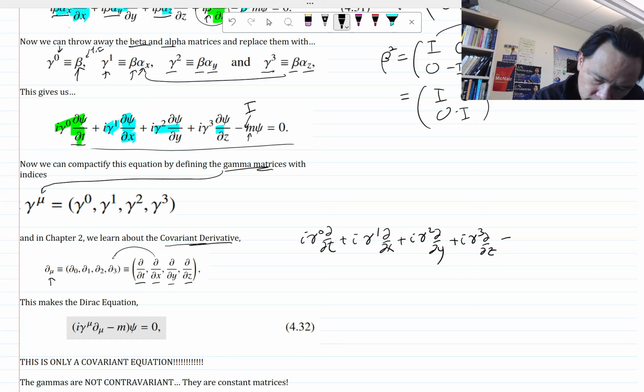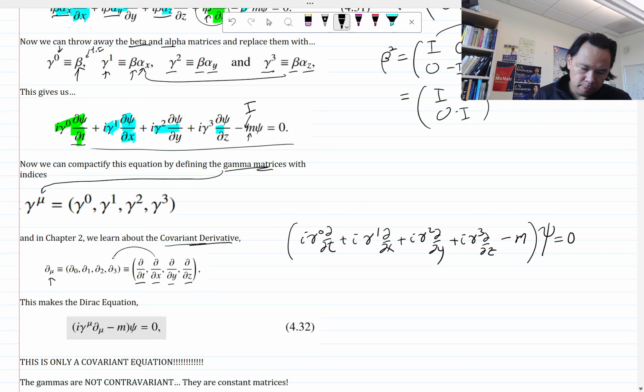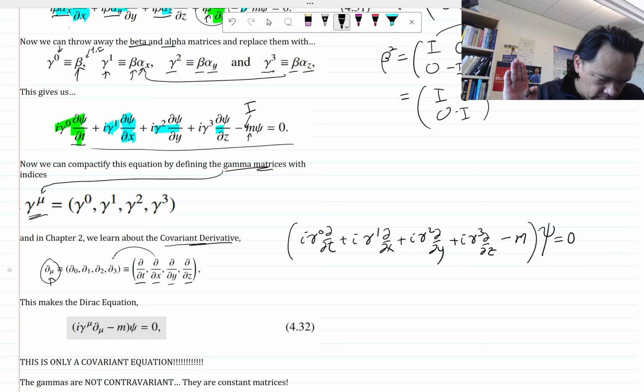Okay, and all of this is minus m, all acting on our wave function psi equal to 0. Now with the combination of gamma mu and then the covariant derivative, partial mu, where's these three things?